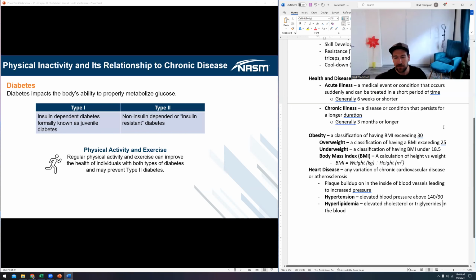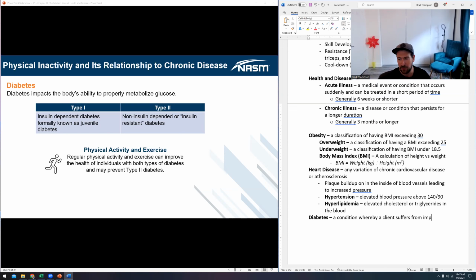Then we've also got diabetes. By definition, it is a condition whereby a client suffers from impaired glucose control. This is going to come in two different varieties.